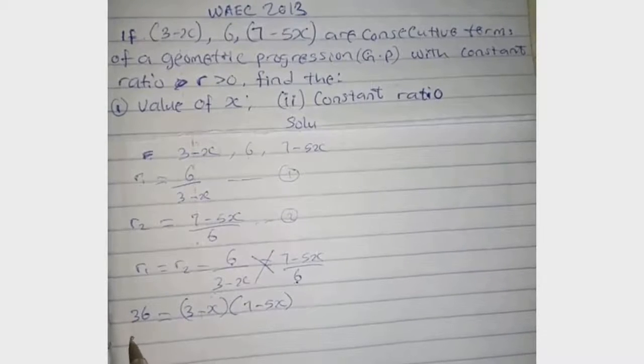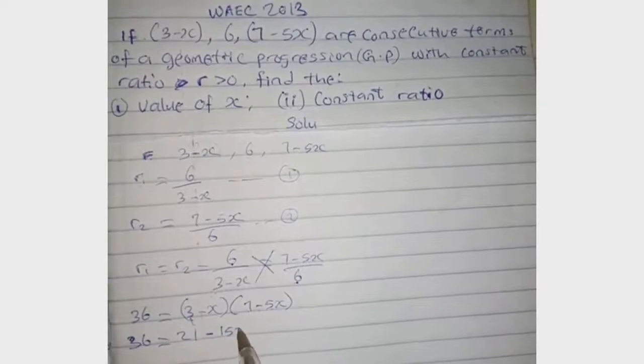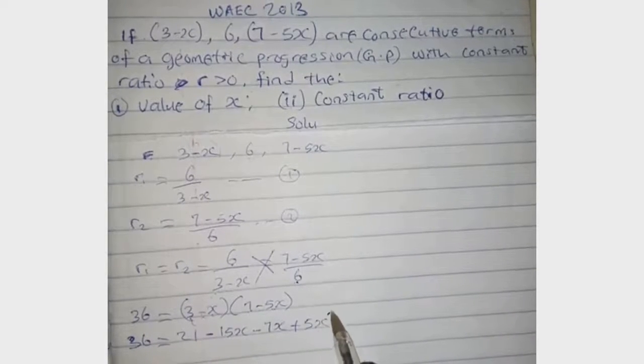We have 36 equal to 3 times 7, that is 21. 3 times minus 5s is minus 15s. Then s times 7 is minus 7s. Then minus s times minus 5s, minus times minus gives plus, that is 5s squared.